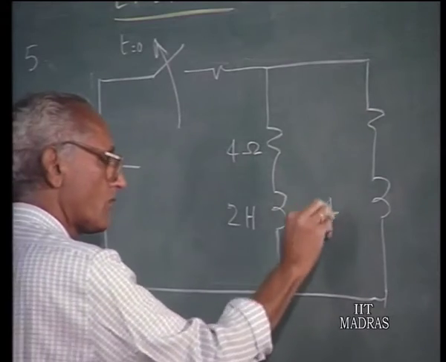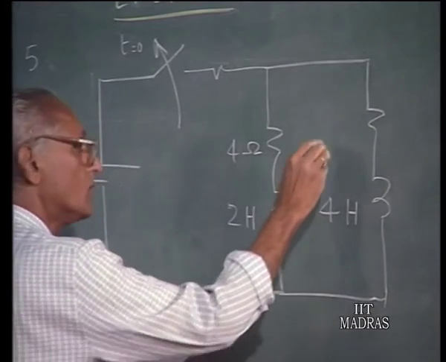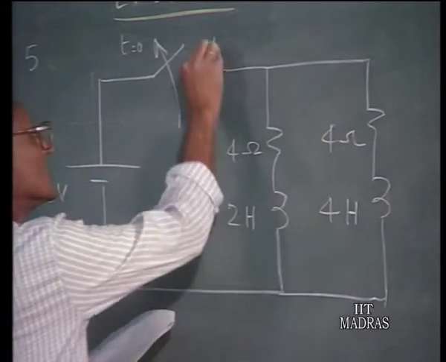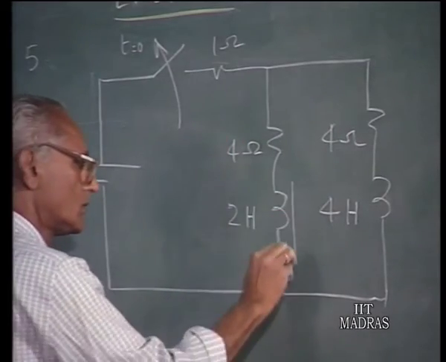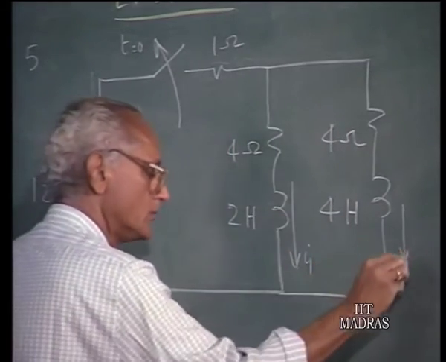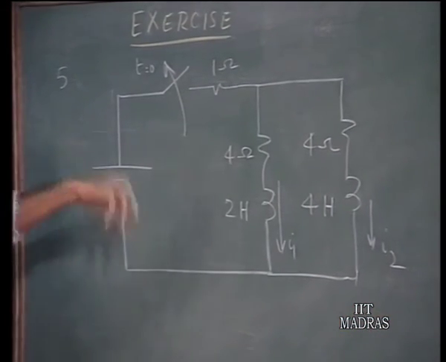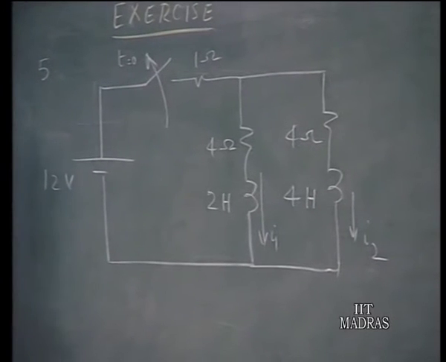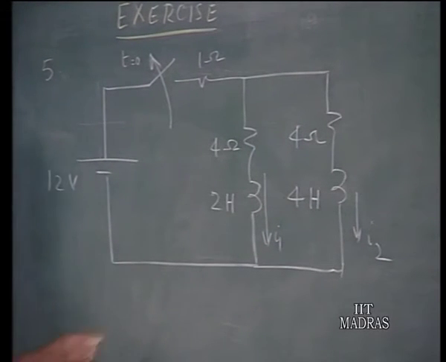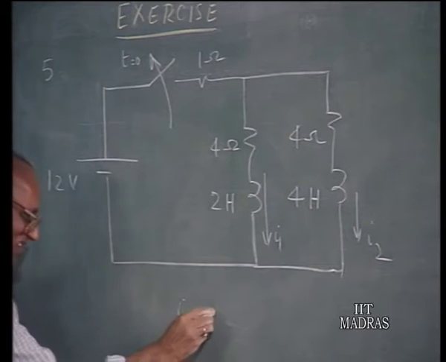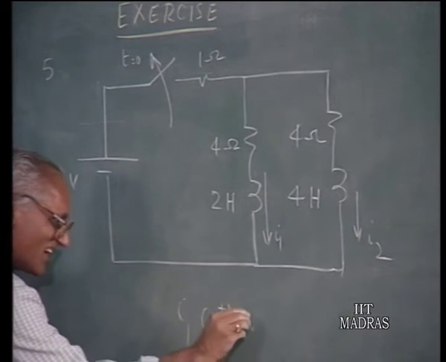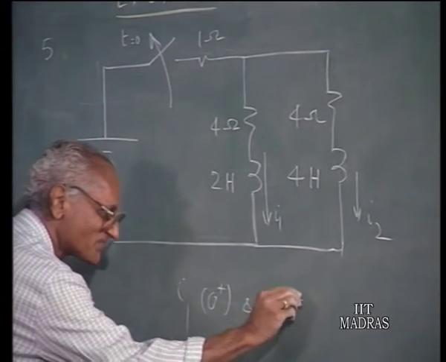This is 4 Henries, 4 ohms. This is 1 ohm, I1 and I2. The switch is kept closed for a long time, so inductors have some currents established in them, and once the switch is opened, find I1(0 plus) and I2(0 plus).